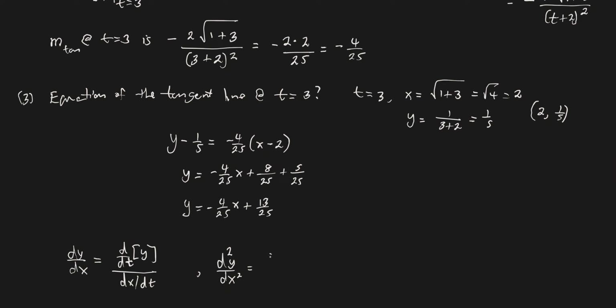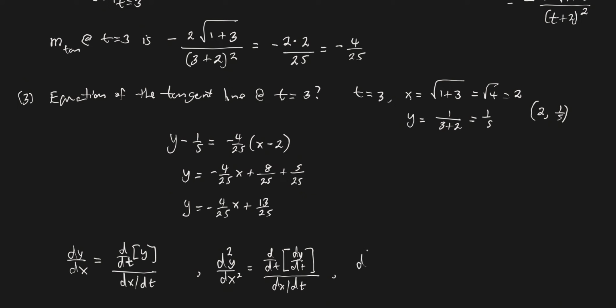So I'd have to take the derivative of the first derivative. So replace y with maybe y prime, or maybe even dy dt. But then again, because this is going to be in terms of t, we also have to divide by dx dt.